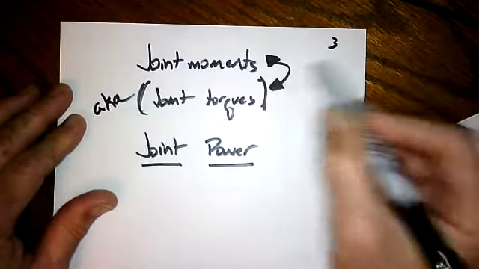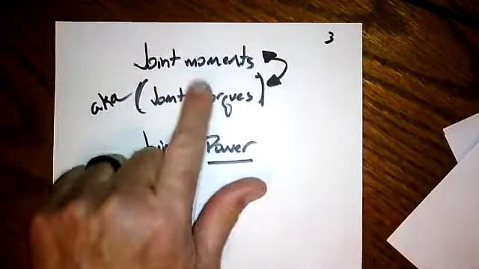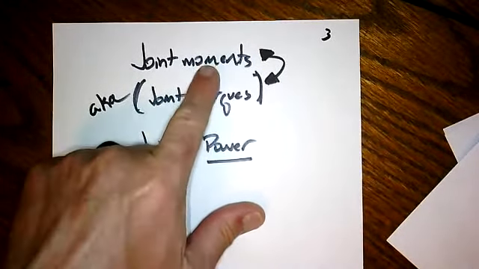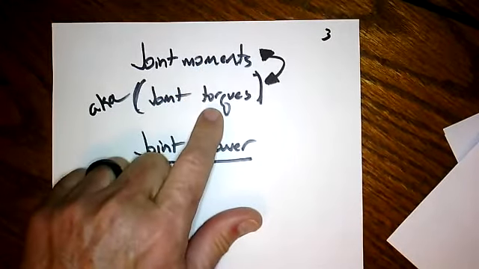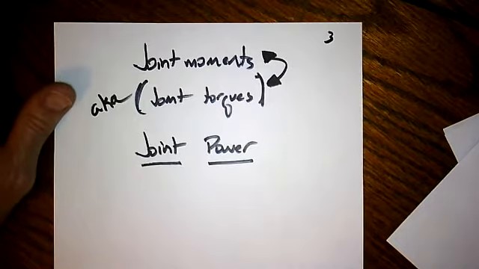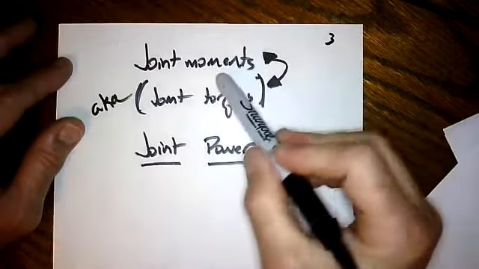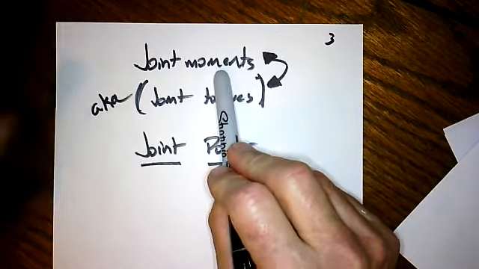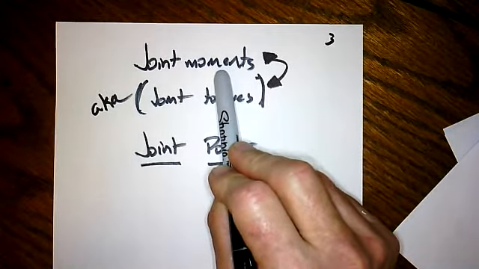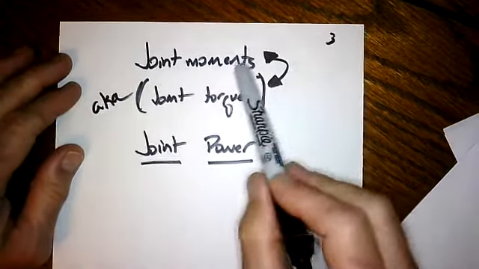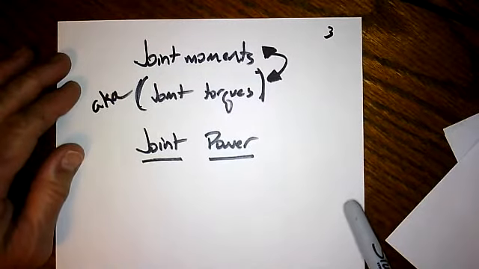Well, it probably is lazy, but these two sets of terms are used a lot in the literature, and so sometimes you'll see this, sometimes you'll see this. So I try to use both terms to always mean the same thing. Moment is a little better math term, has a little bit more meaning from the physics perspective. Torque is probably more the classic term that we used, probably more common now to use joint moment.